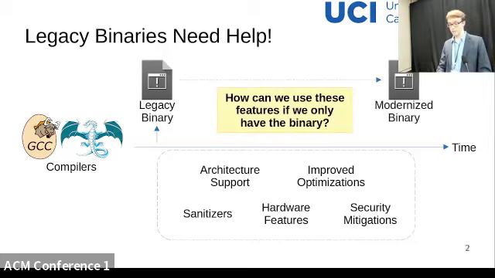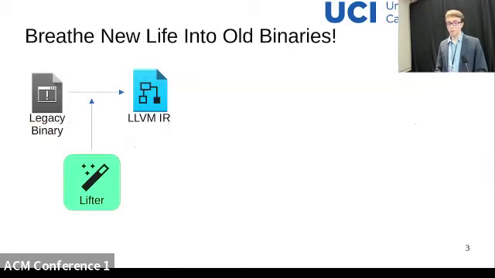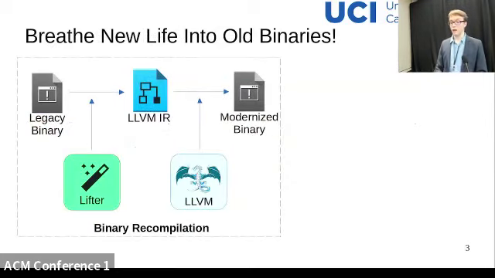Often the source code for legacy programs is no longer available, and all we have are the binaries that are essentially stuck in time. One promising approach to solve this problem is lifting legacy binaries to a compiler-level intermediate representation. If the lifter can reliably lift input binaries to such an IR without changing their base semantics, they can then be transformed and recompiled into new binaries with modern compilers.